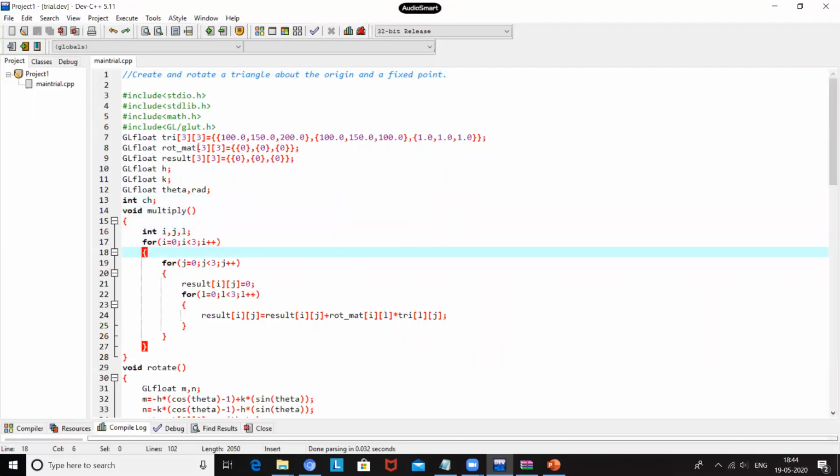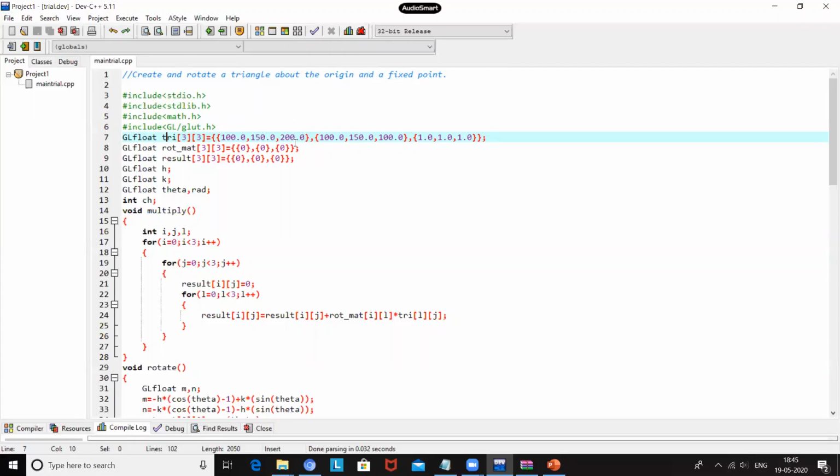So here we are having a triangle which is being represented in a two-dimensional array. Here we are having the points 100, 150, 200, 100, 150, 100, 1, 1, 1, 1. These points represent the x coordinate of vertex 1, x coordinate of vertex 2, x coordinate of vertex 3.